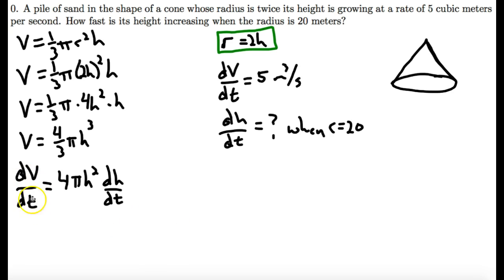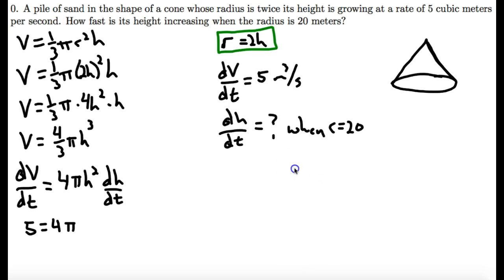All right, so I know my dV/dt. That's just 5 equals 4 times pi. Whoa, I don't know what h is. I know what r is, but I'm not given h. Well, all I need to do to find h is use this key piece of information here. I know that r is equal to 2 times h.